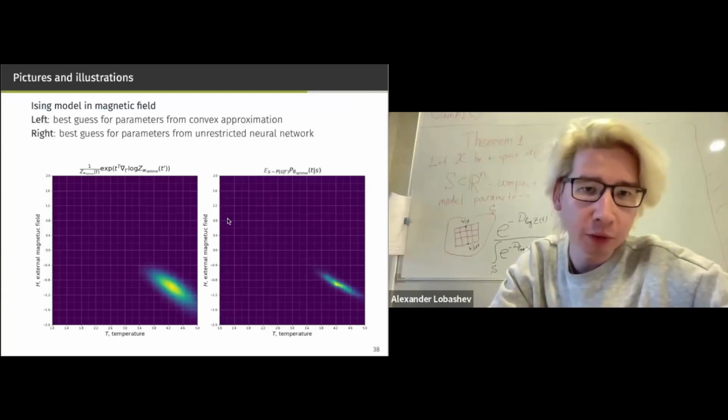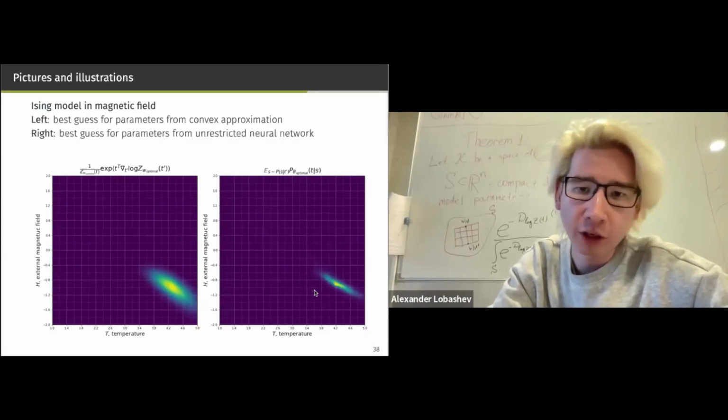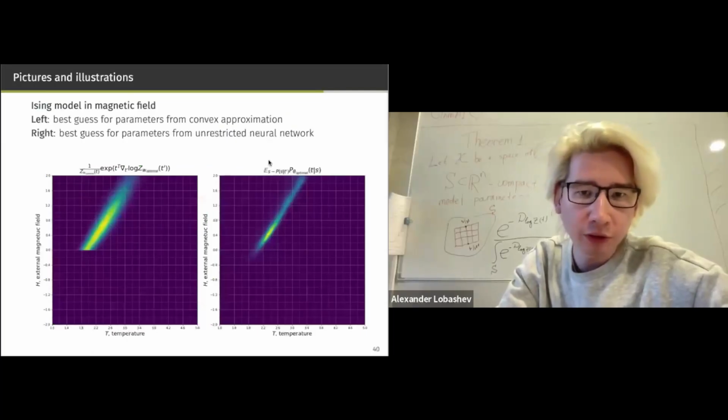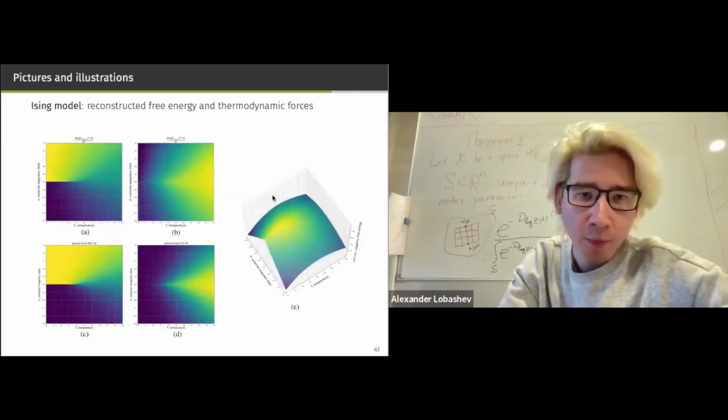And this is an example of this recovery for the Ising model. Here are the predictions made by the UNet, and this is what was recovered by our parametric family of convex functions. We see that they are quite similar.